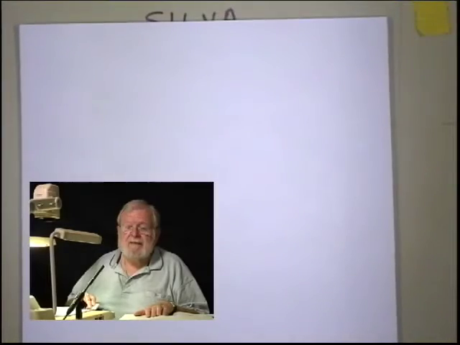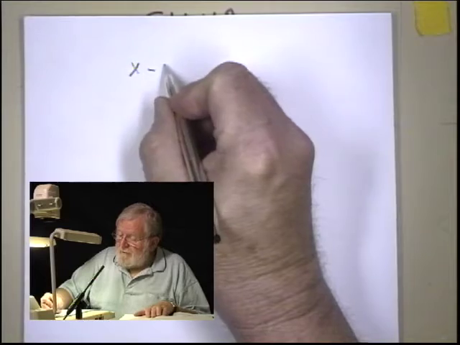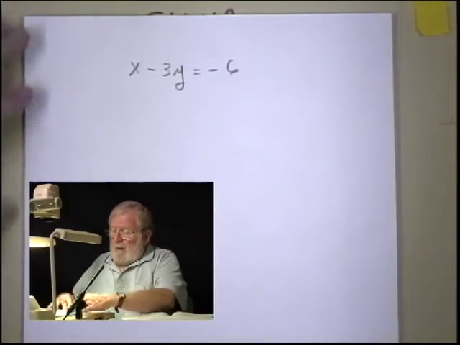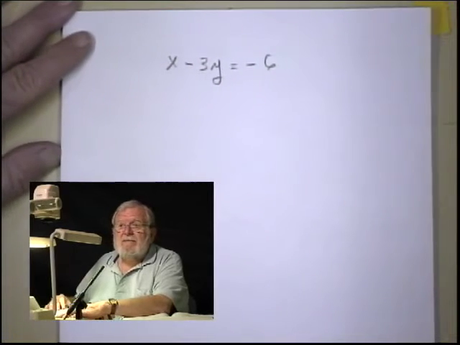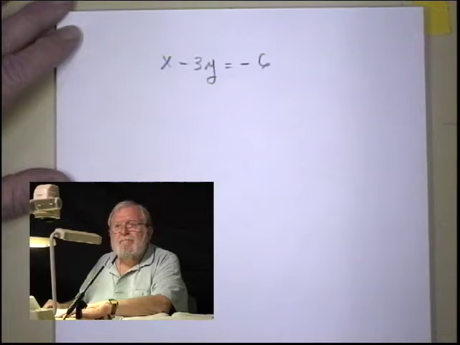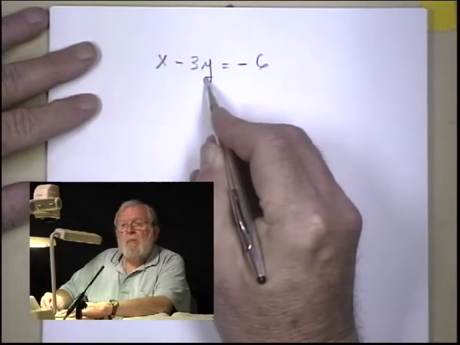So example 7 in your text is x minus 3y equals minus 6. So in order to use this slope-intercept form, we're going to solve this for y.